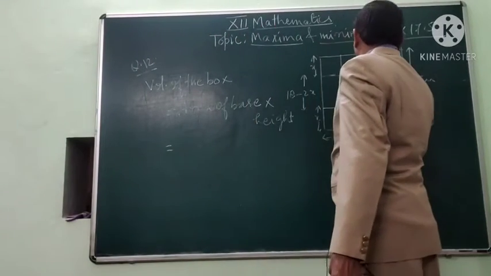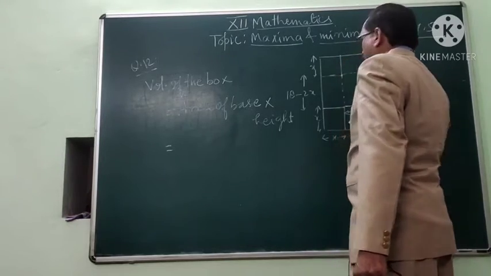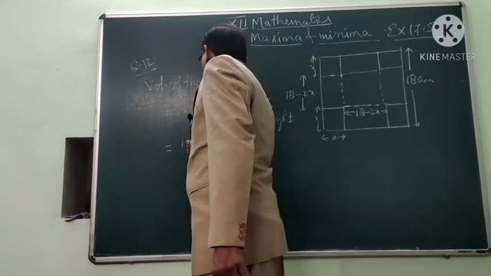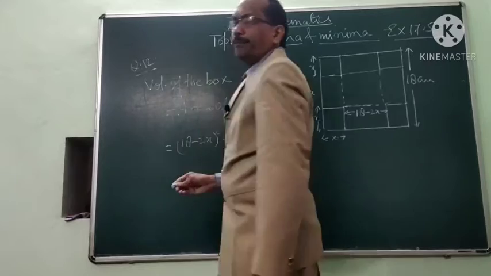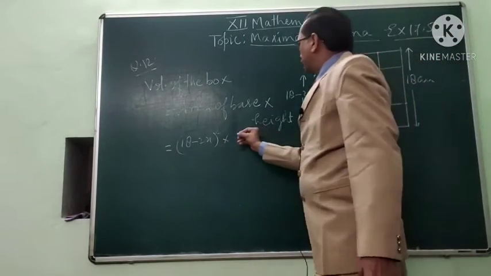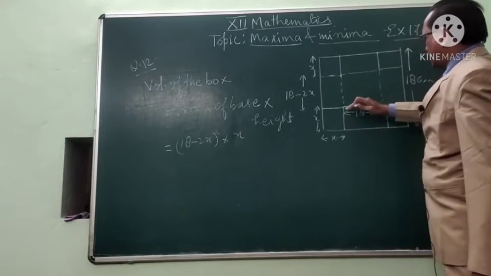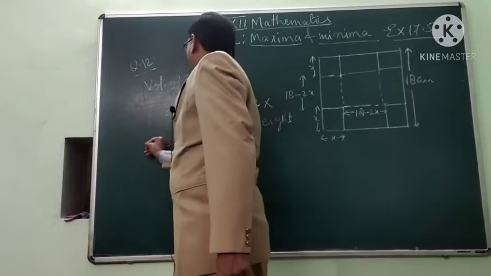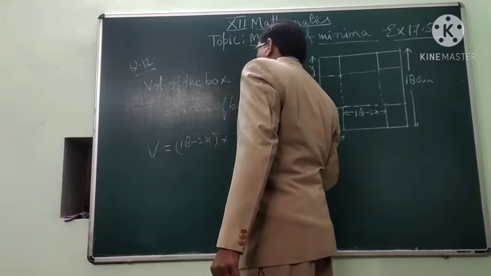The base is a square of side 18 minus 2x, into the height of the box, that is x, because this x part, the flap, is folded here. Volume V is a function of x.